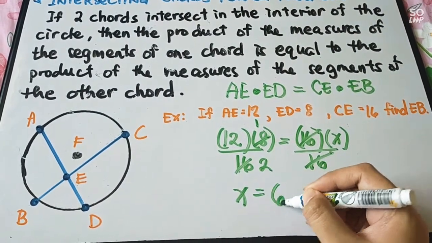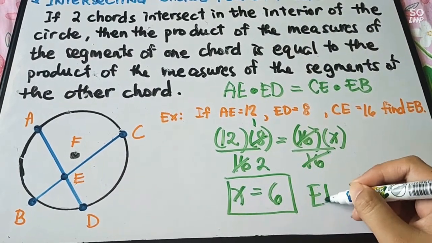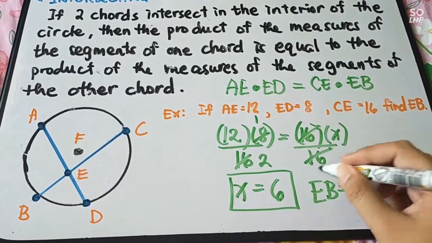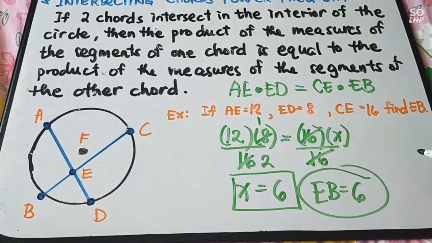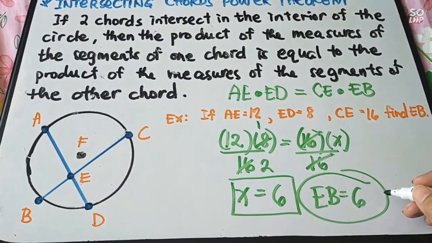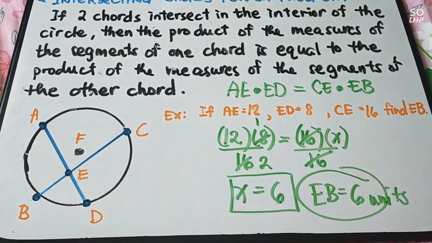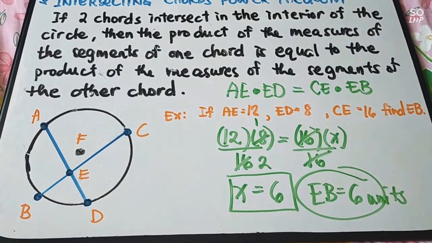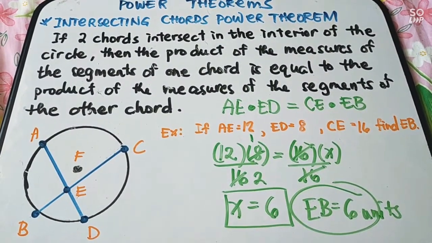The answer is 6. So, this is your X, or si EB ay equal to 6. Is it clear? So, since sukat ang pinag-uusapan, lagyan mo na 'yan ng units, 6 units. Is it clear? So, that is intersecting chords power theorem.